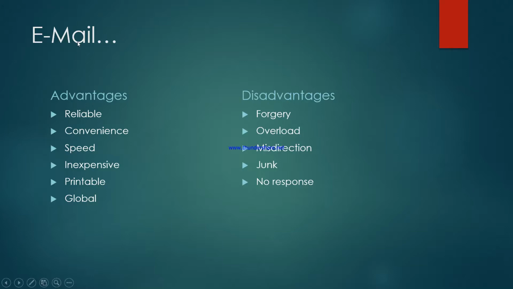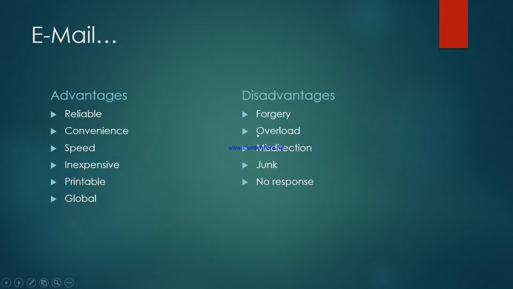Email communication is also inexpensive. It is printable and global. We can send our email to any place of the globe, to any country, any state, any district. There are no restrictions as far as location is concerned.